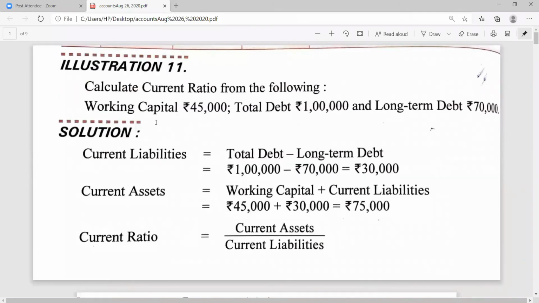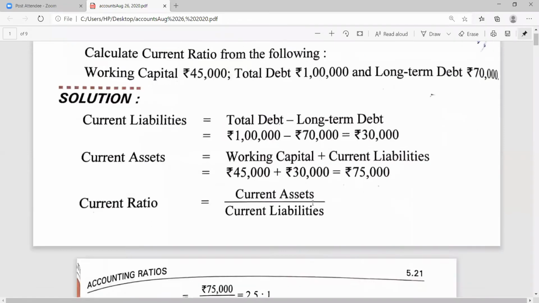Don't forget, whenever items are given to you in this type of question, write down the formula first of all, then find out which items related to the formula are given to you, calculate the current liabilities as well as current assets, put the values in the formula and get the ratio.